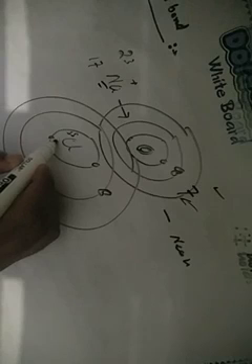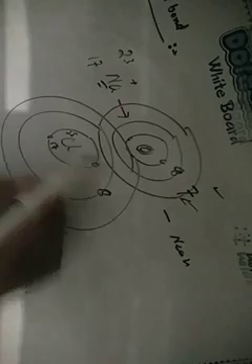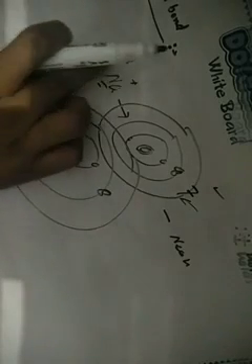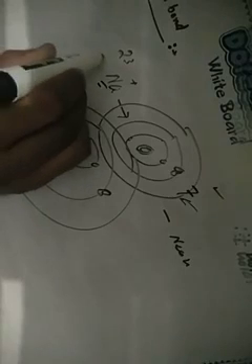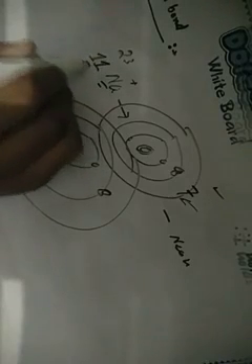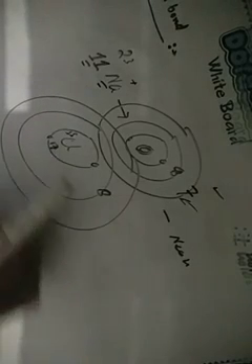Sodium's atomic number is 11, and 17 is the atomic number of chlorine.